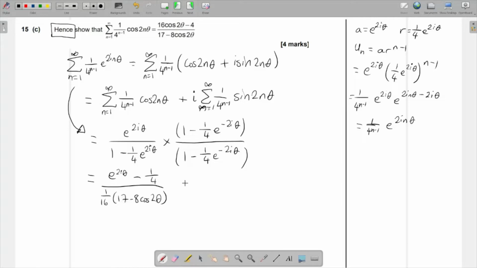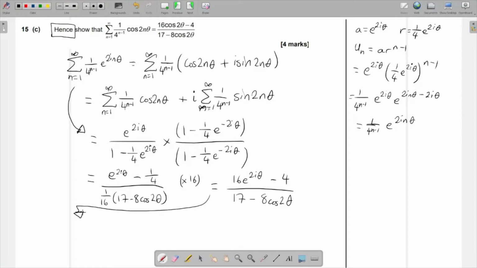Okay, times top and bottom by 16, and then we get 16e to the 2i theta minus 16 divided by 4, and then we get 17 minus 8 cos 2 theta. So we can see we've got the denominator. Now we've got to try and figure this one out. Now you can see that e has come out again, so we need to break down the e into cos and sine, so we get the real and imaginary parts out of it.